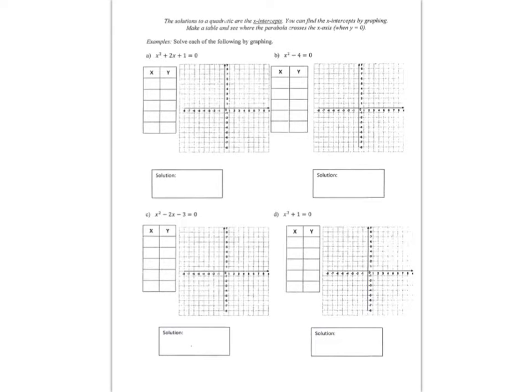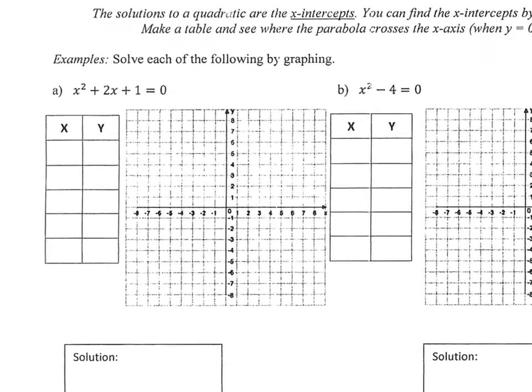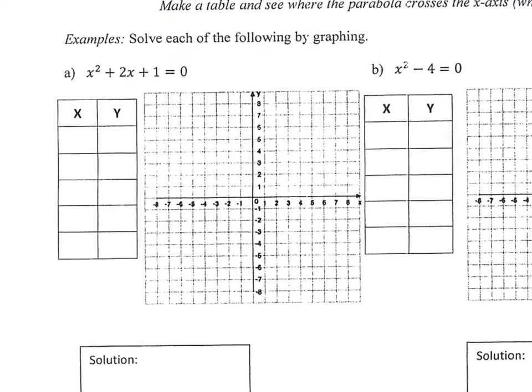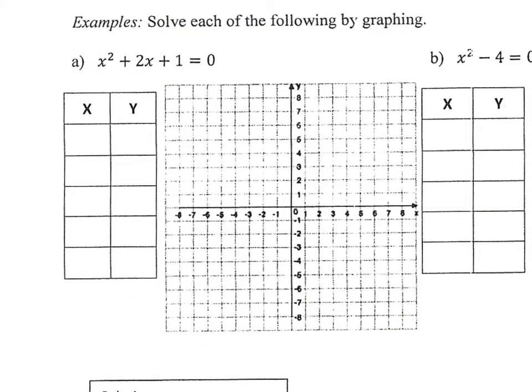The second method of solving a quadratic is to graph it and see where it crosses the x-axis. So to solve by graphing, I always want to figure out the vertex first. So remember, to find the vertex you do opposite b over 2a.